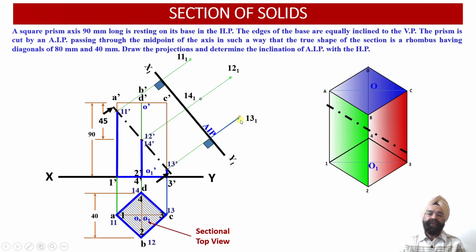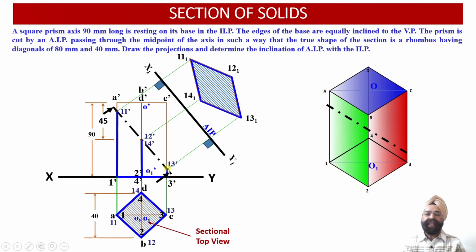So this way we have been able to evaluate the location of the point 13, 1 in the plan projection view. Now we can check if we join the points 11, 1, 12, 1, 13, 1 and 14, 1, we are going to obtain the rhombus shaped projections as true shape projections which are obtained corresponding to this cut section over here.